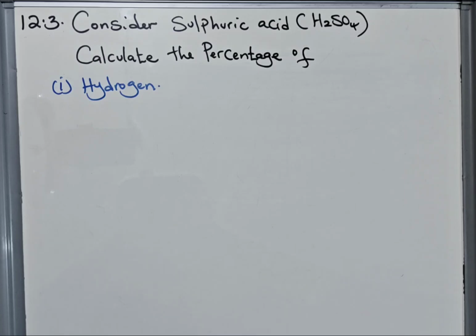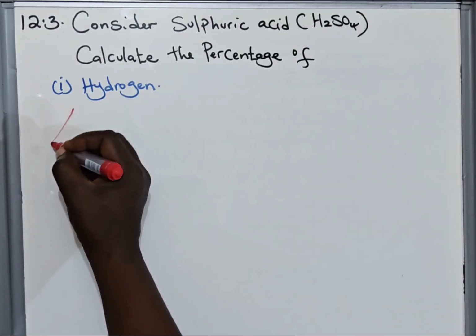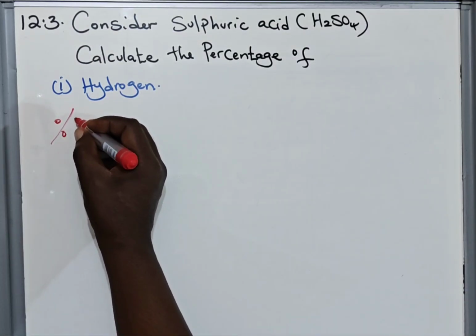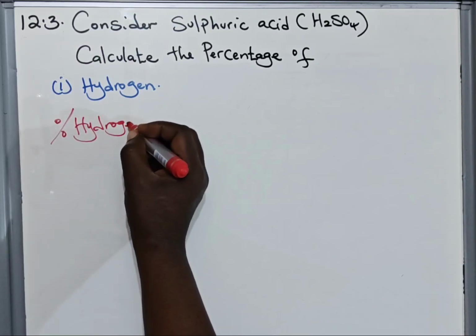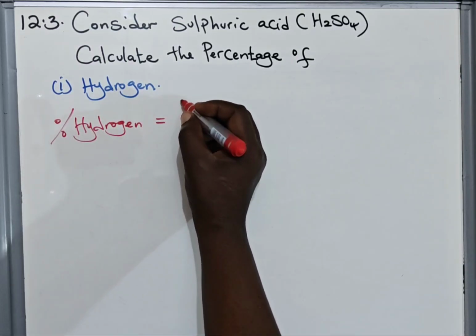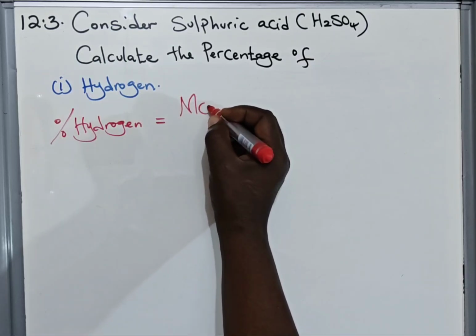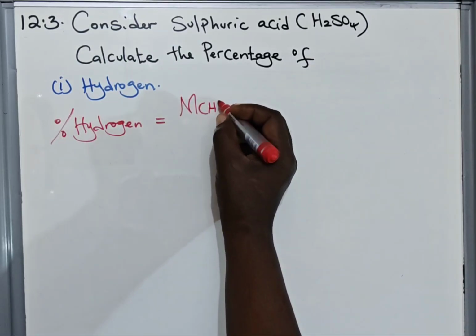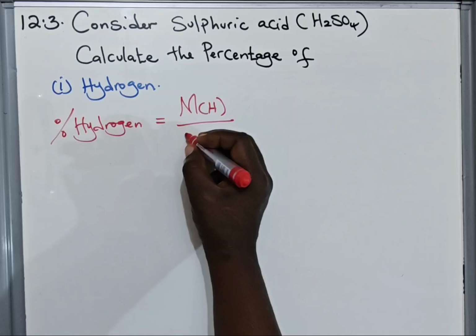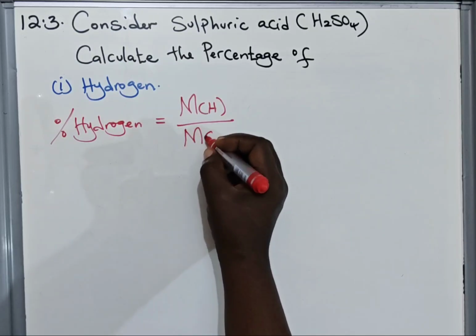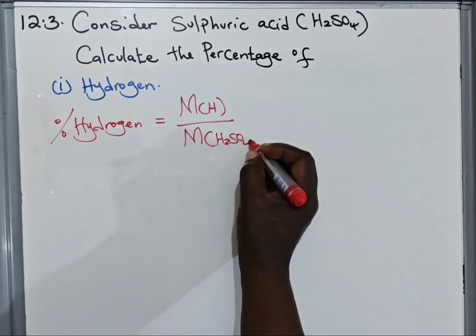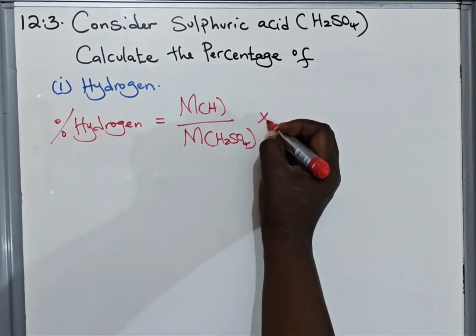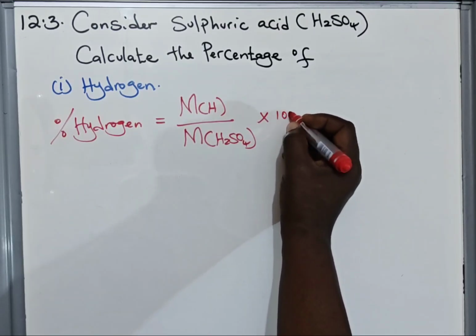Okay, here you need to know that the percentage of hydrogen is equal to mass of hydrogen over mass of sulfuric acid times 100.